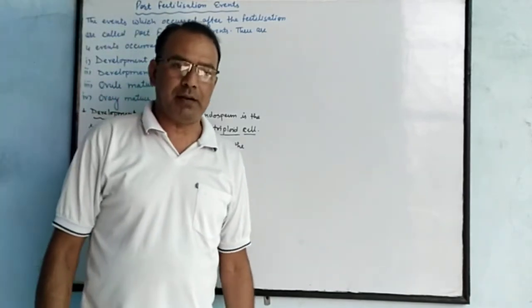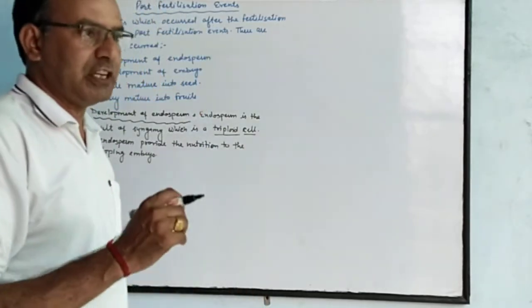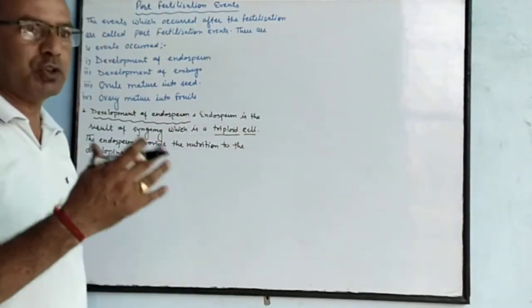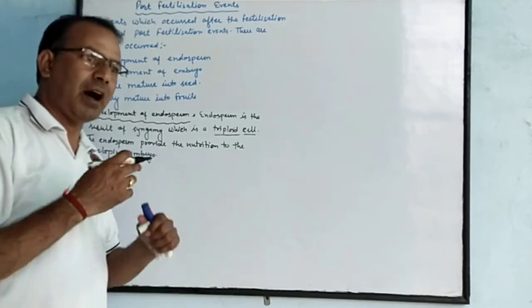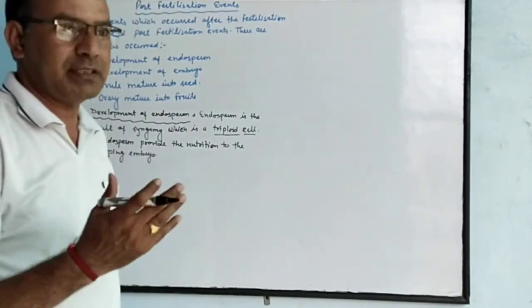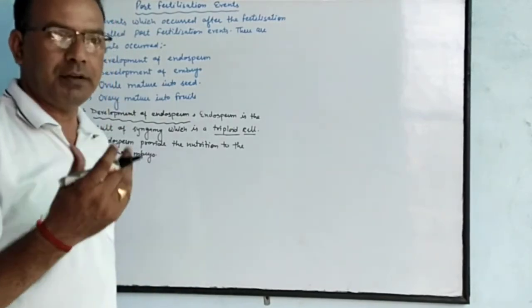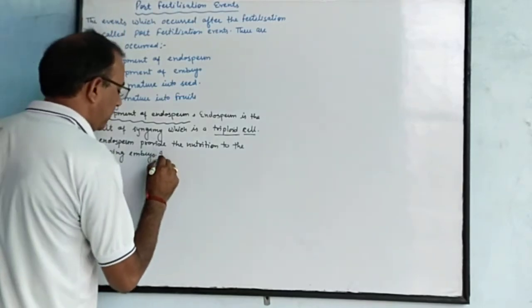But in some plants, the endosperm changes into a stony structure. लेकिन कुछ plants के अंदर endosperm इतना hard होता है, just like a stone, such as date palm, betel nut.